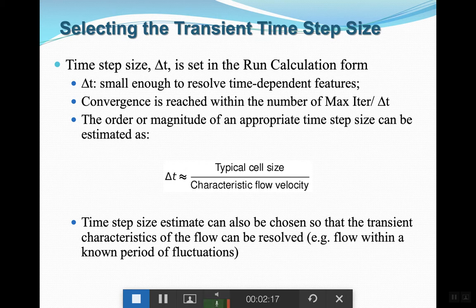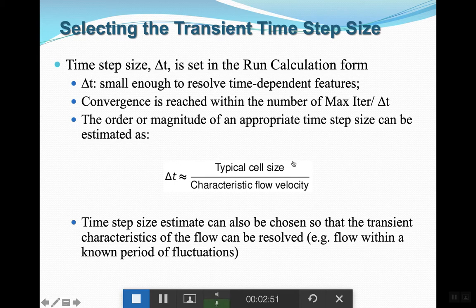But the question is, how can I come up with some sort of benchmark time step to start my simulation from? That's where you use the following equation. Here, you calculate your time step size based on your typical cell size. The typical cell size is the cell size of the majority of the cells in the system, or the cell size at the locations where the flow is very important.